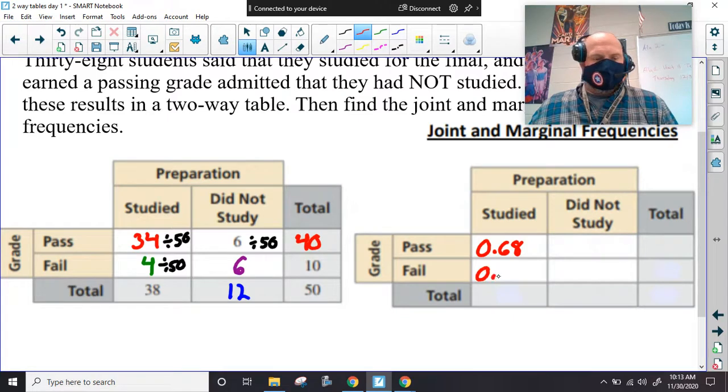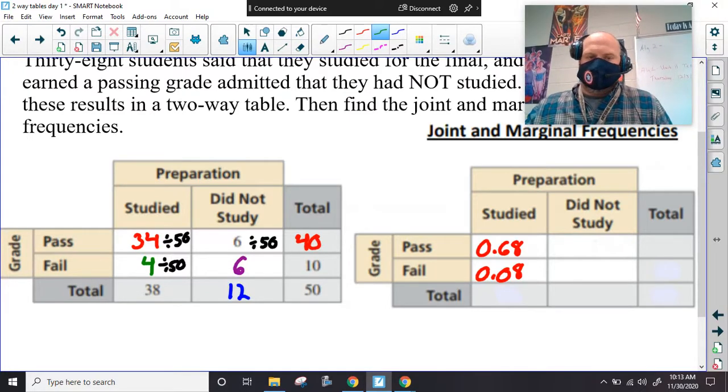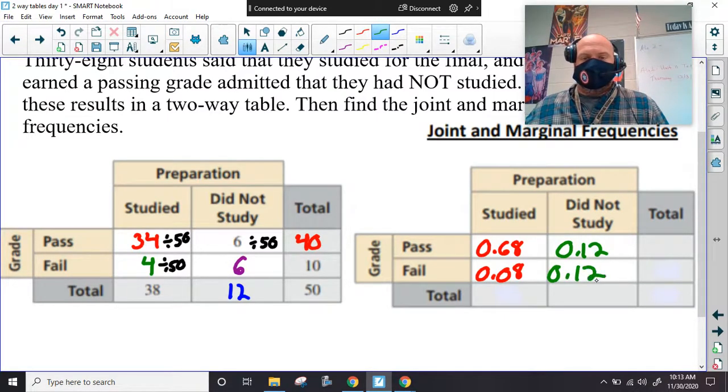This is 0.08. And we only have to do this once because they're both the same thing. So this is 0.12 and 0.12. All right.